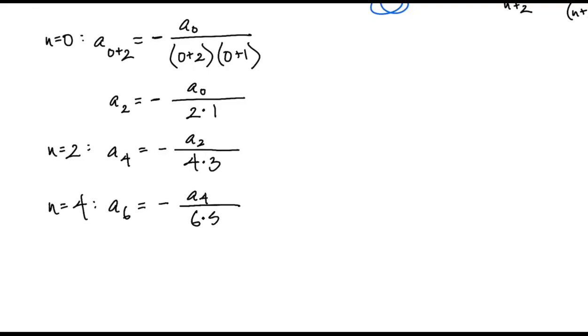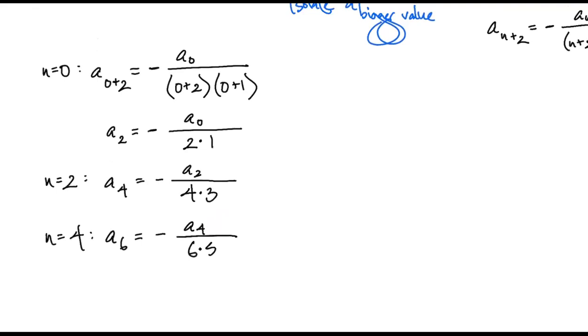Now, I bet if we keep going with the even values of n, like 0, 2, 4, 6, we would start to see some sort of pattern. But what I don't love about this pattern is that the first one deals with a sub 0.